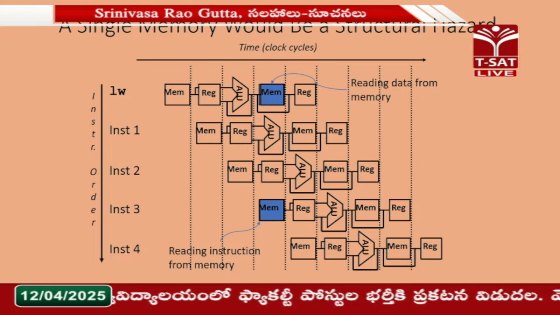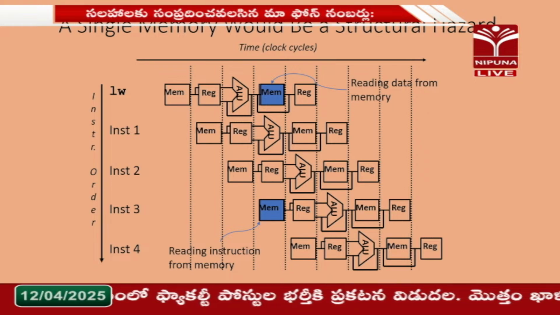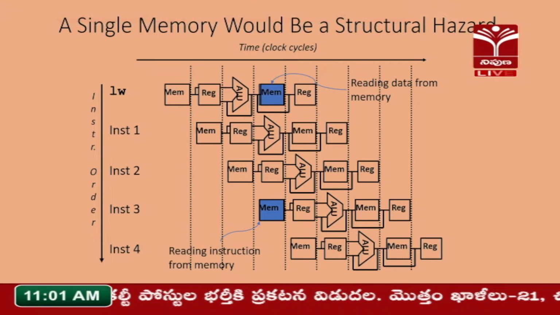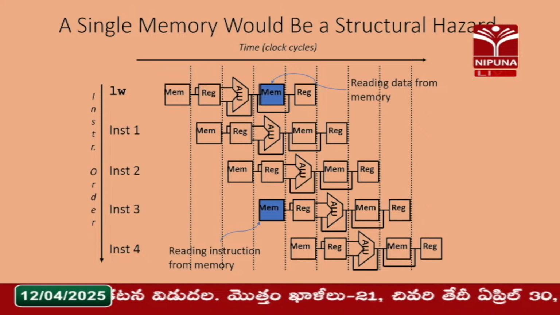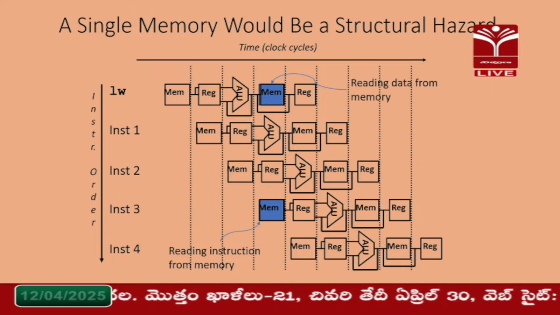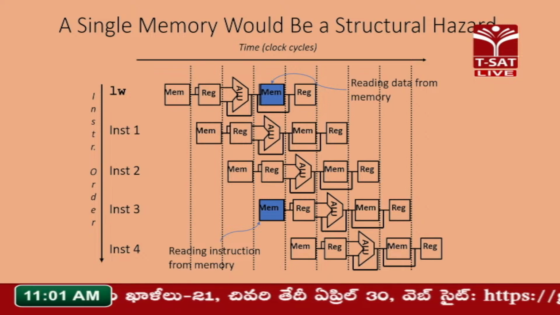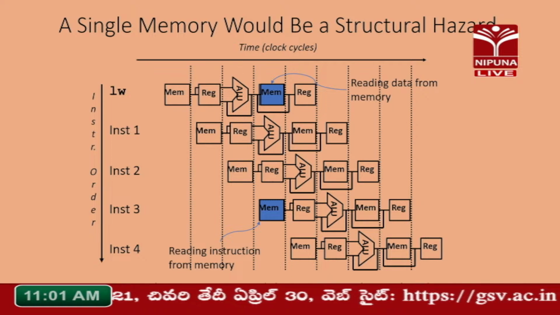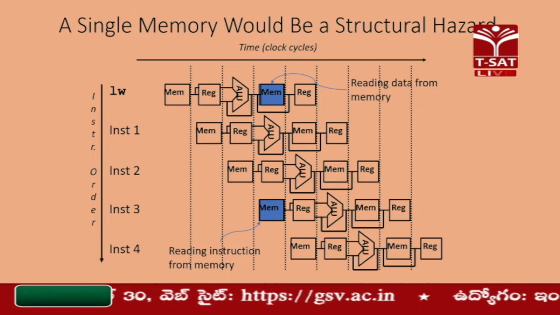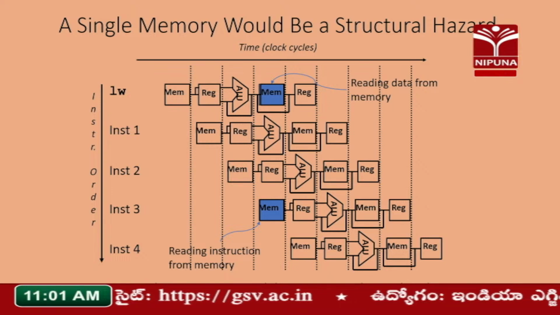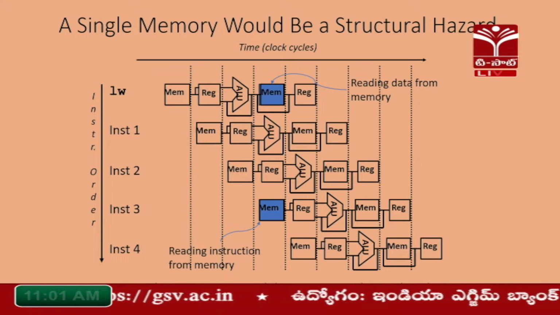That means the same resource is being allocated within that clock cycle. How do you resolve this? You resolve this by having 2 separate memory elements, which are called data memory and instruction memory. That is why when I showed the initial block diagram, I showed instruction memory and data memory as two separate elements. This is one structural hazard.